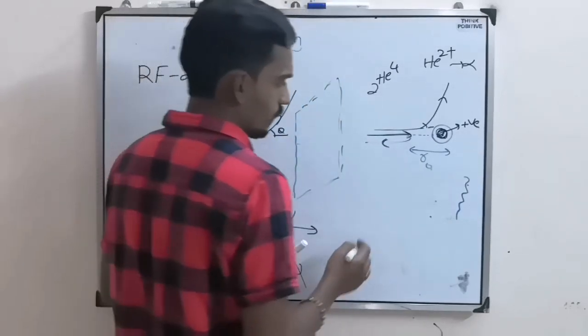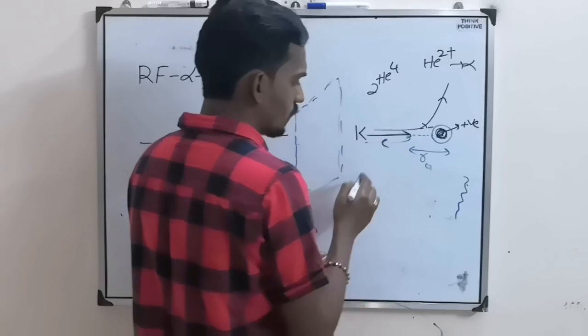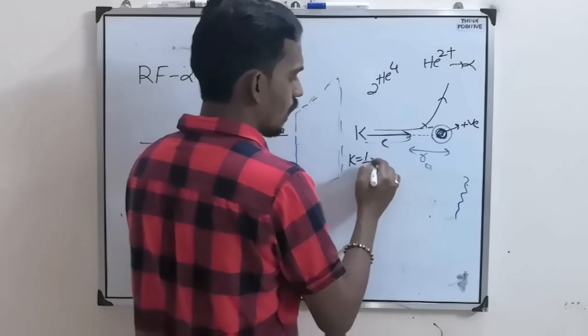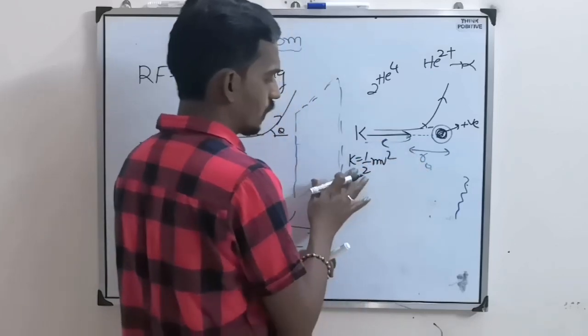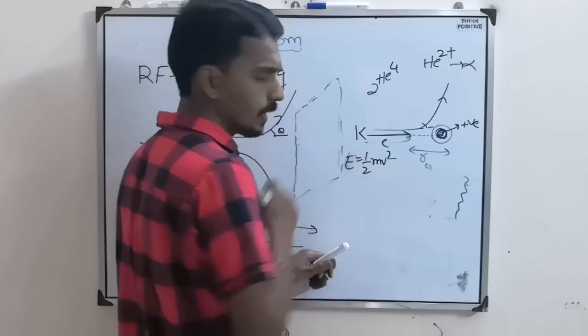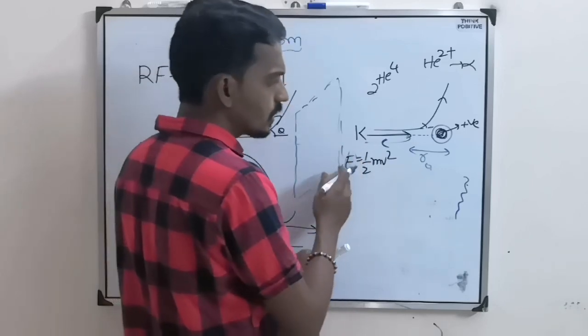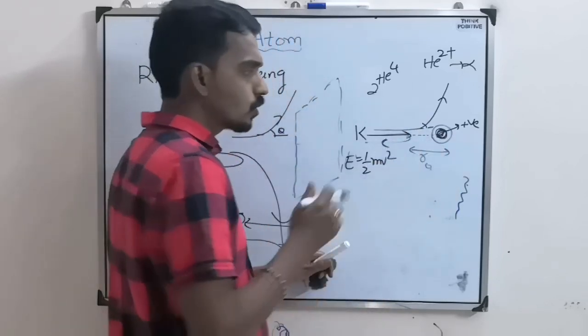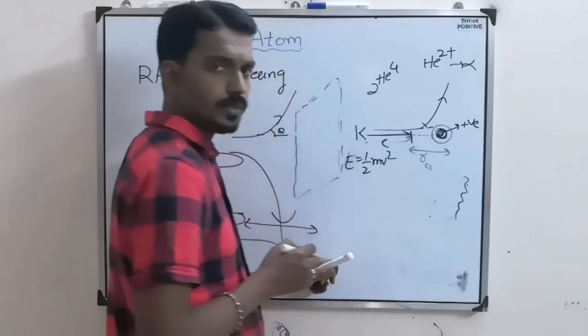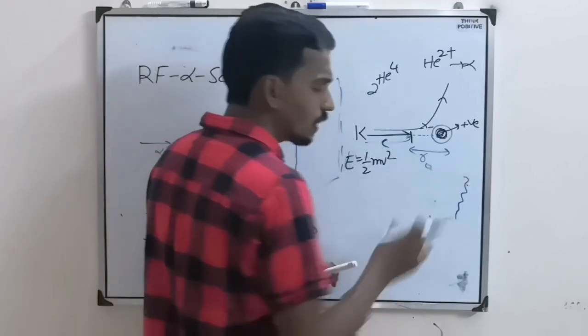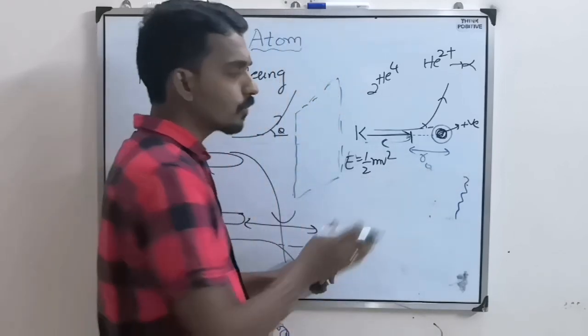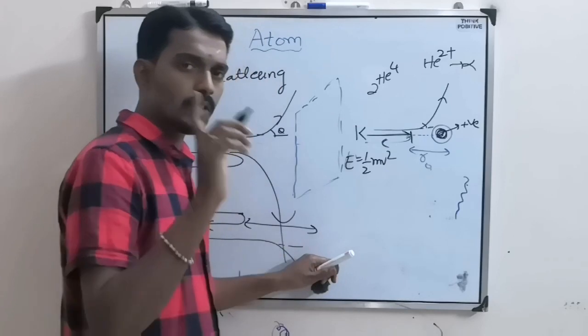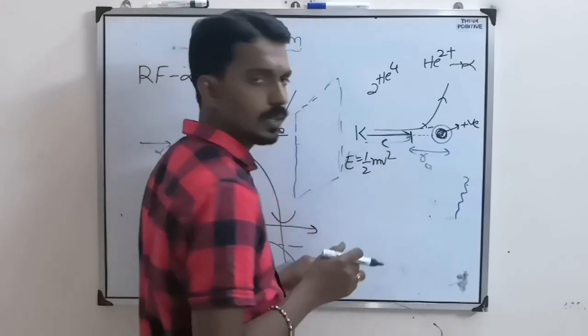Suppose you have given some kinetic energy to the alpha particle, half mv square, either K or E. Then this kinetic energy will convert into potential energy at this distance, so that the velocity becomes 0, and this distance we call the distance of closest approach. The question can come based on this equation.